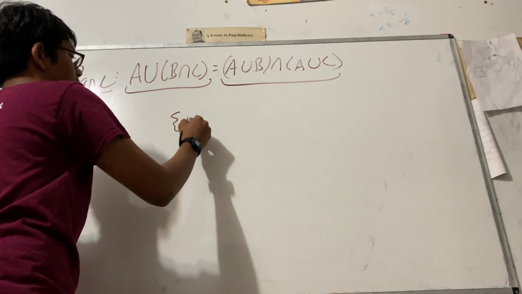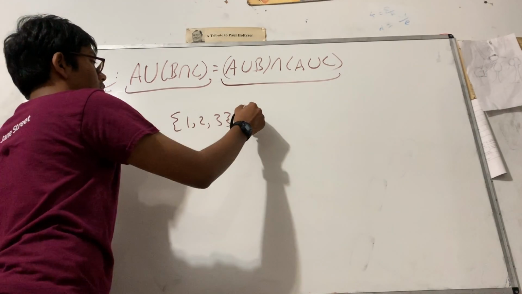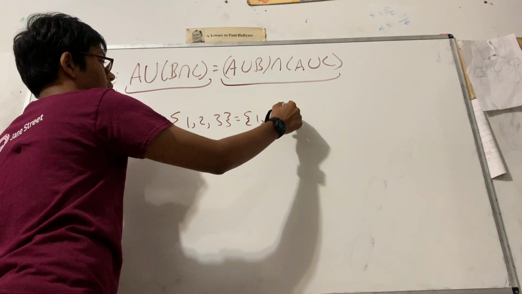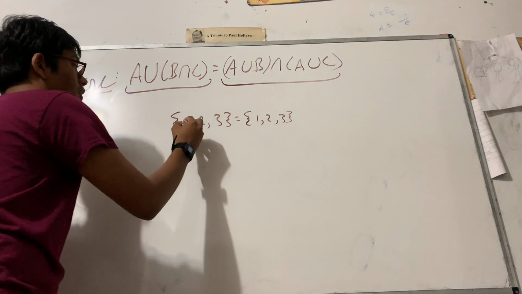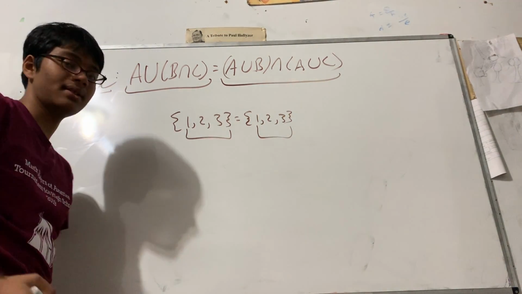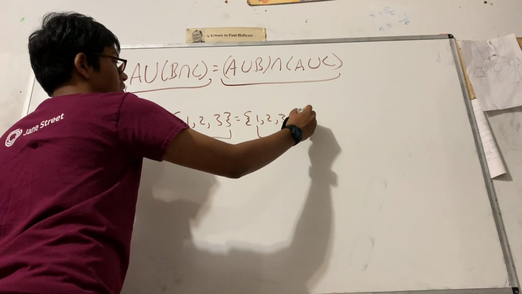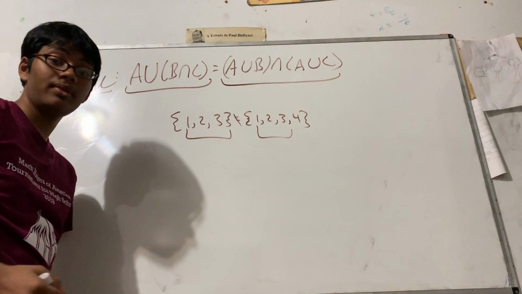Let's say you have a set of three elements, 1, 2, 3. A set that would be equal to this would be 1, 2, 3. Why? Because all the elements of the left-hand set are contained in the right-hand set. On the other hand, if you add a 4 to this, these two sets would no longer be equal.